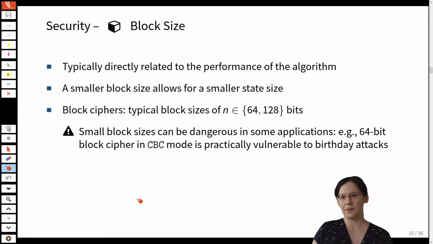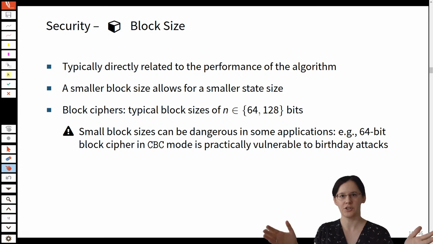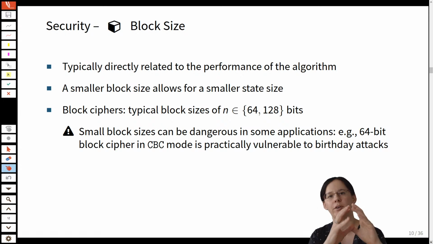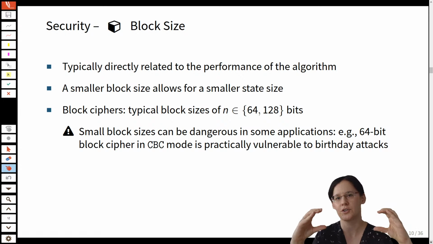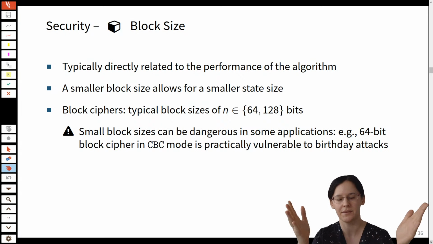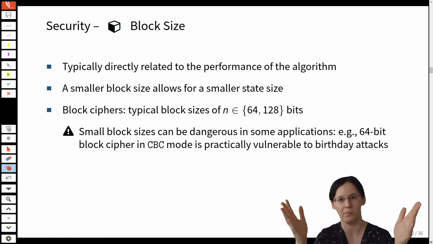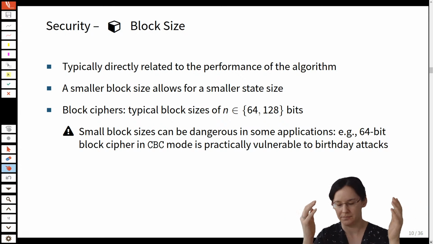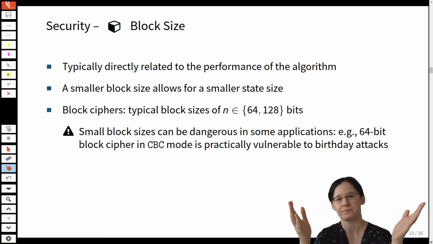Another thing that impacts the cost of implementations quite a bit is the block size of ciphers. Having larger blocks is on the one hand expensive because you always need to have this larger chunk of writable area that you refresh all the time. So you need the corresponding flip-flops in the hardware case or the corresponding variables and words in the CPU case.